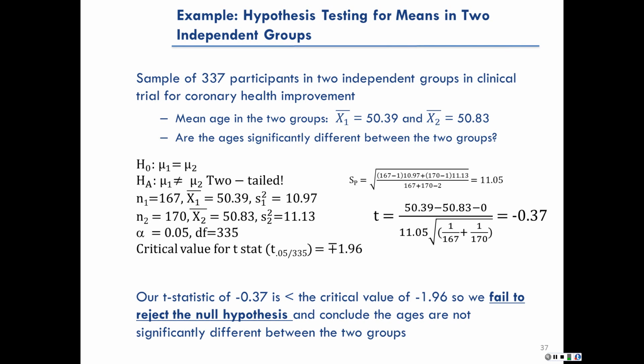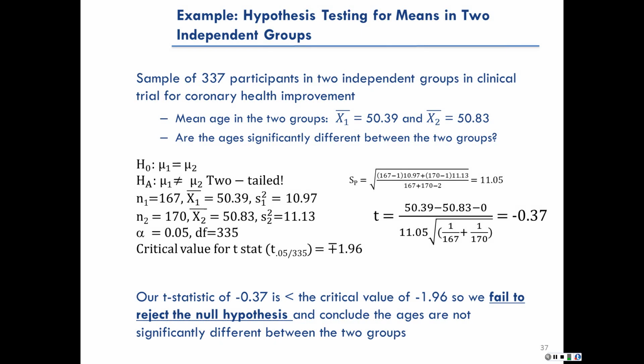We add that to the same numbers for the second group, and then we divide it by the sample size minus 2. We get our pooled standard deviation, just plugging in the numbers from the formula on the last page, of 11.05.